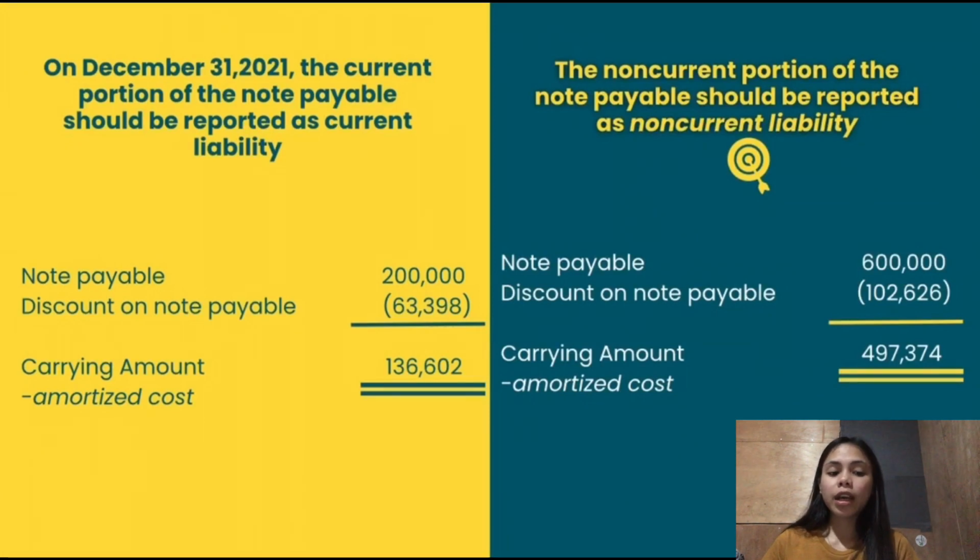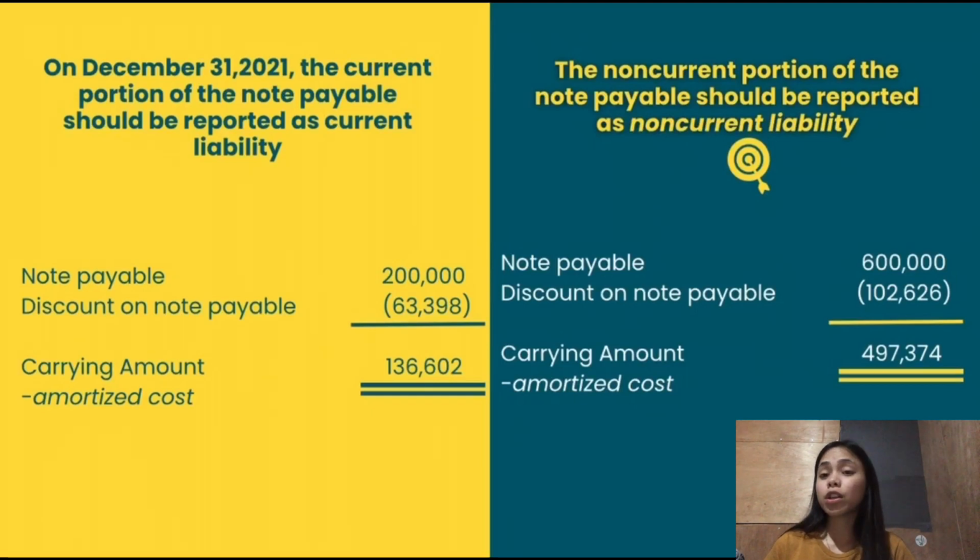So, from December 31, 2023 to December 31, 2025, the remaining annual payments would be our note payable. So, 200,000 times 3, which is 2023, 2024, and 2025, then we will get a note payable of 600,000 minus 102,626, which we got by adding the interest expense from 2023 to 2025.